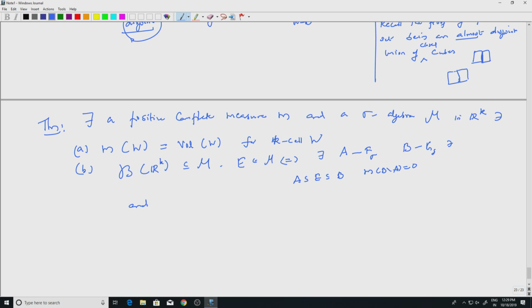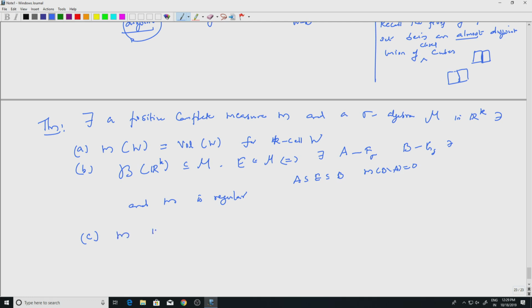And the measure m is regular. So, we have seen this regularity. Now, it is completely regular, it is not outer regular for all sets and inner regular for sets with finite measure. It is regular for all Borel sets.